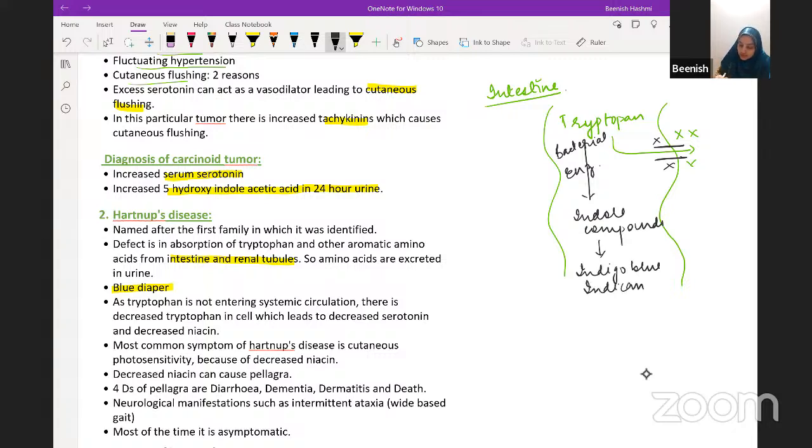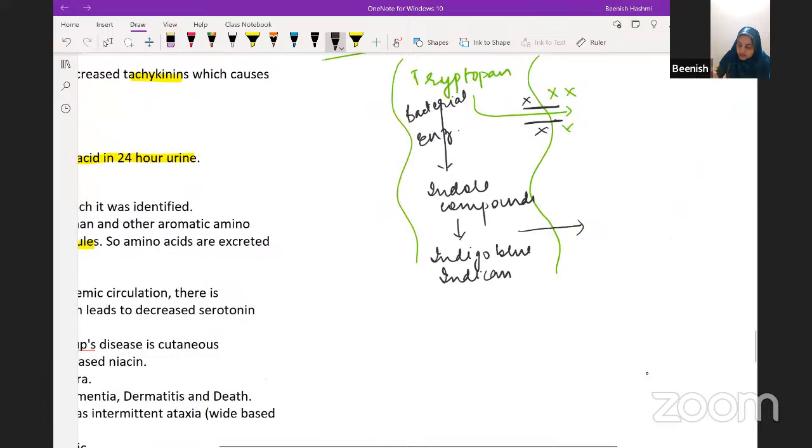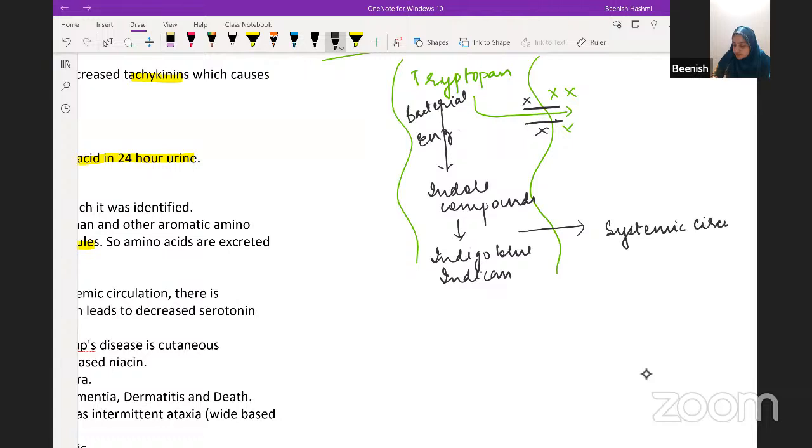Now these indole compounds, they enter systemic circulation. Then from there they go to renal circulation. And then it is excreted in urine.